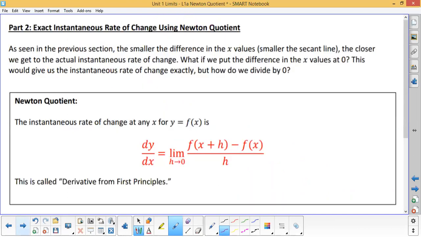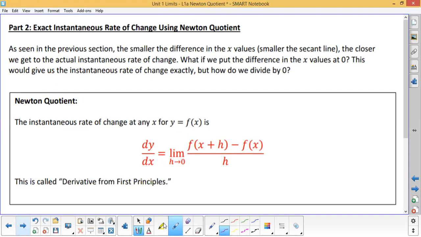Now we're going to talk about how to find the exact slope of the tangent line, or exact instantaneous rate of change, using our Newton quotient.